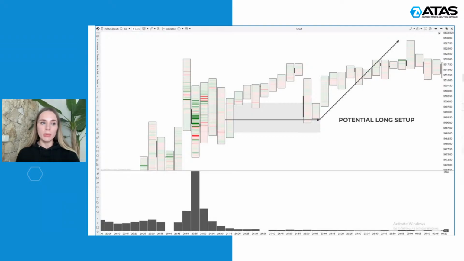And we can see how the price surged up for more than 100 ticks again from this very zone. It might look like a small move to the upside because it's a 5-minute chart, but 100 ticks per mini S&P 500 is more than $1,250 per contract.